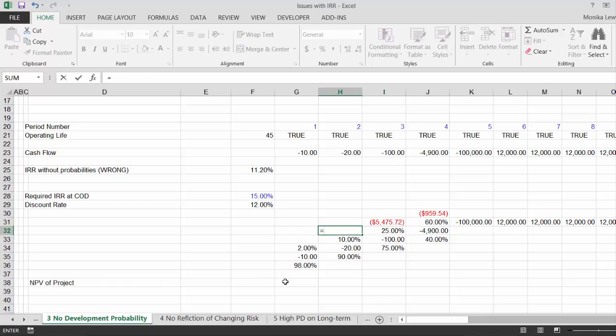And then we take this one, and we only get 25% of that, and we add this. And then we take this value, and we take this one, and we add this one.